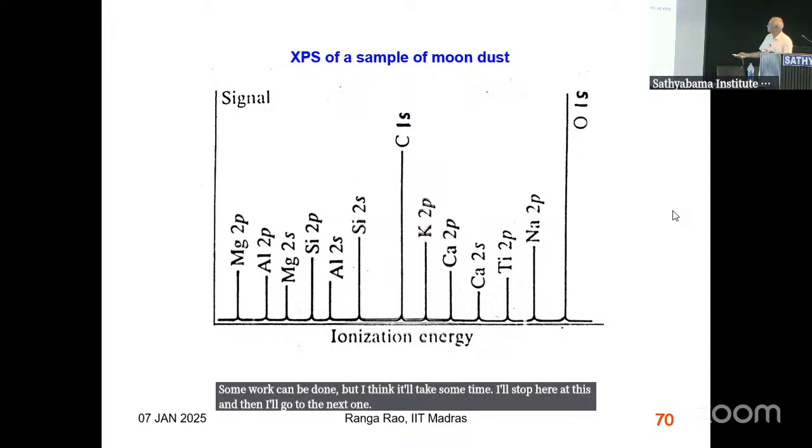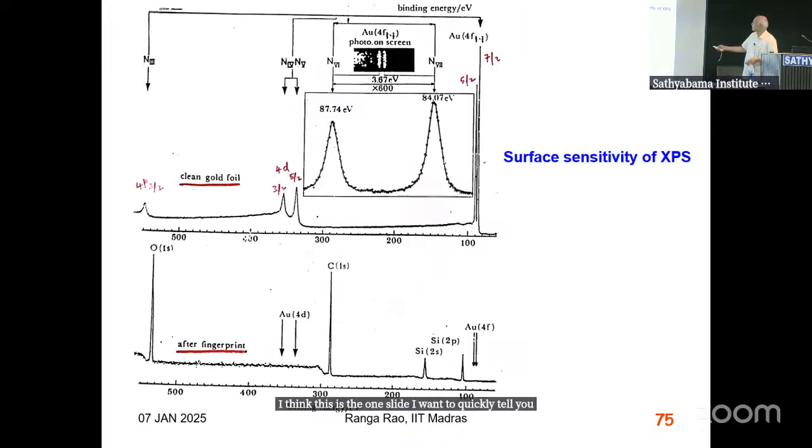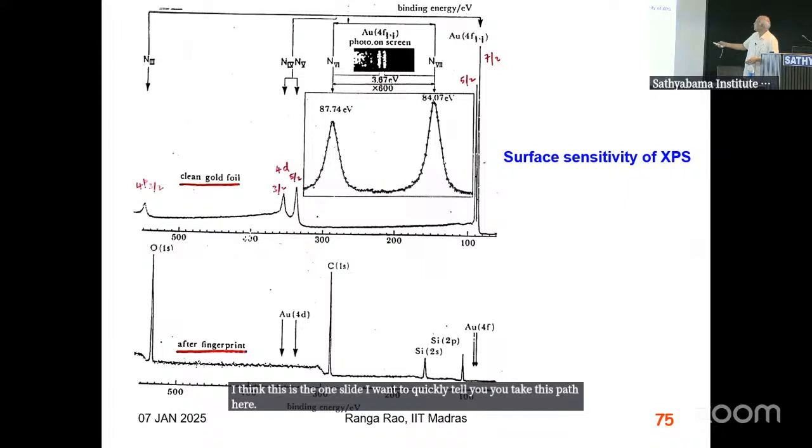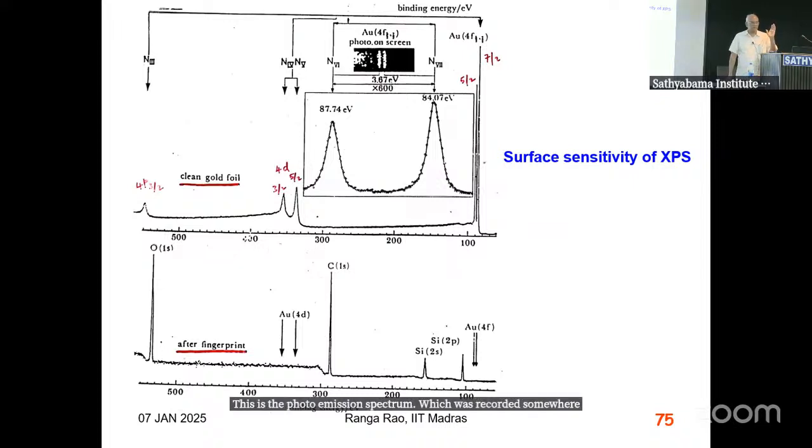I think this is one slide I want to quickly tell you. Take this part here. This is the photoemission spectrum which was recorded somewhere in 1900, 120 years back. They saw two lines here.